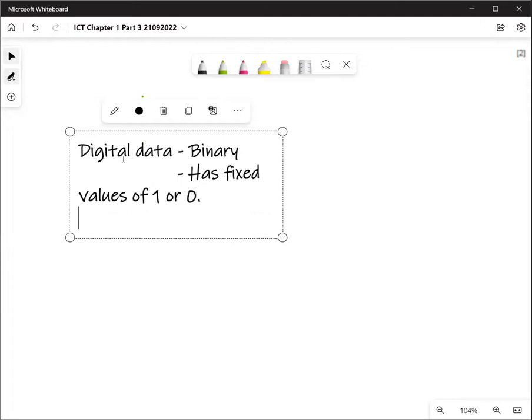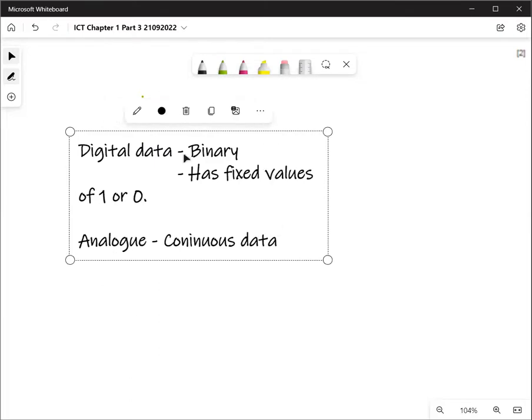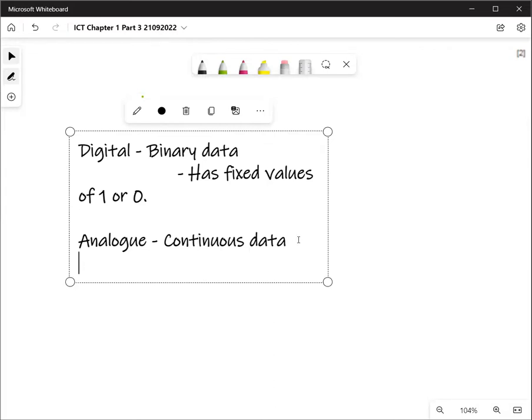Is that clear? Now for analog, this is continuous. So digital is binary data. It doesn't make a difference, right?